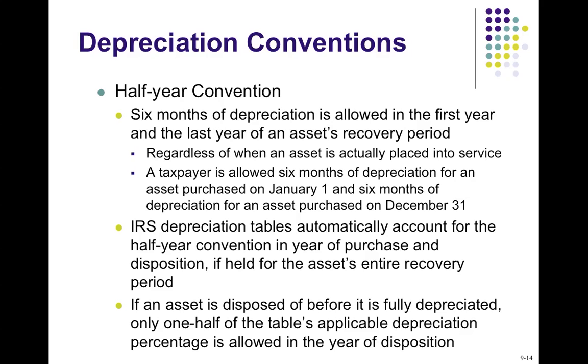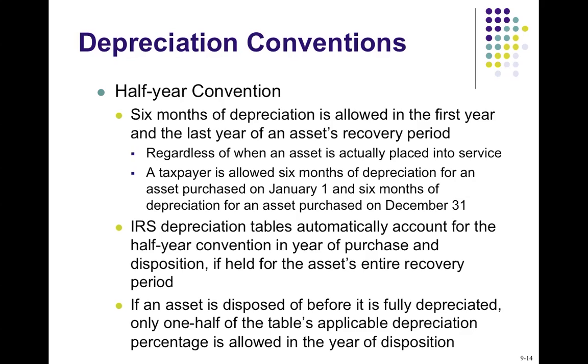If we buy the truck in 2014, we get 6 months of depreciation in 2014, and then for the next 4 years, we get a full year's worth of depreciation, and then in that 6th year, we get the last 6 months of depreciation. So this is automatically built into the tables. This is why a 5-year asset is actually going to be depreciated over a 6-year period of time.